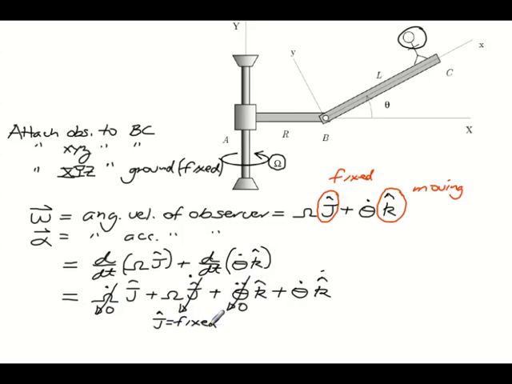J dot is equal to 0 because J is fixed. So big J does not change in length, and it doesn't change in orientation. So that vector is a constant. The only term that does make a contribution here is coming from k dot. And we know that the time derivative of a unit vector, which is moving along with our observer, is just given by omega cross that same vector, omega cross k.